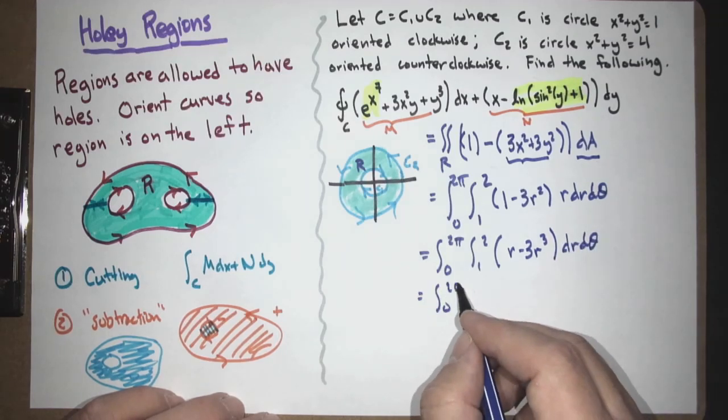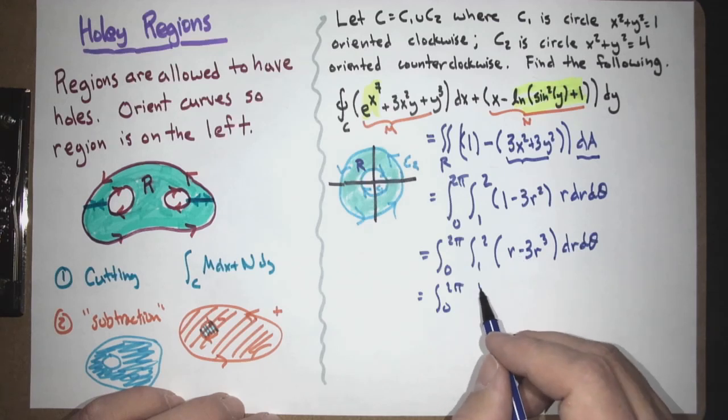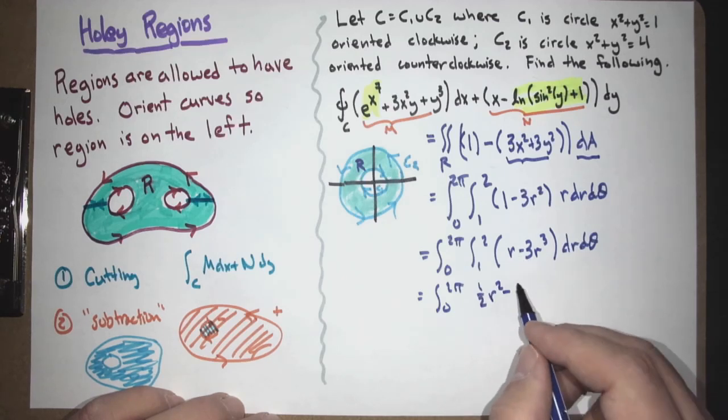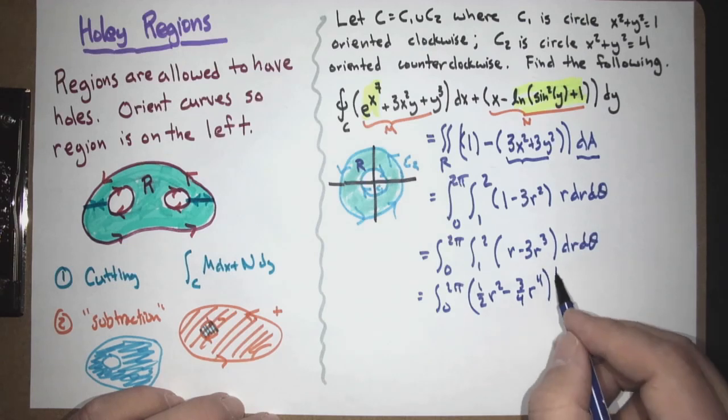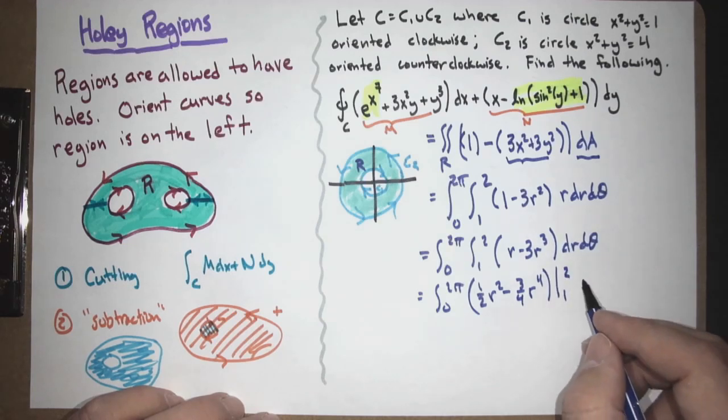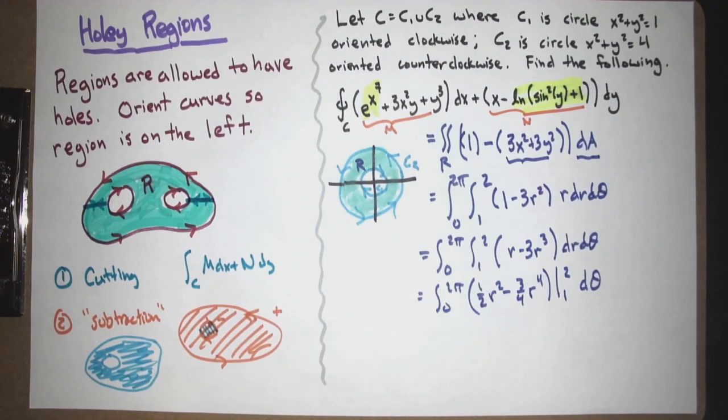From here, nothing too exciting happens. You get 1/2 r squared minus 3/4 r to the 4th, evaluated from 1 to 2, and you start thinking, why didn't we choose better numbers? Well, it happens.